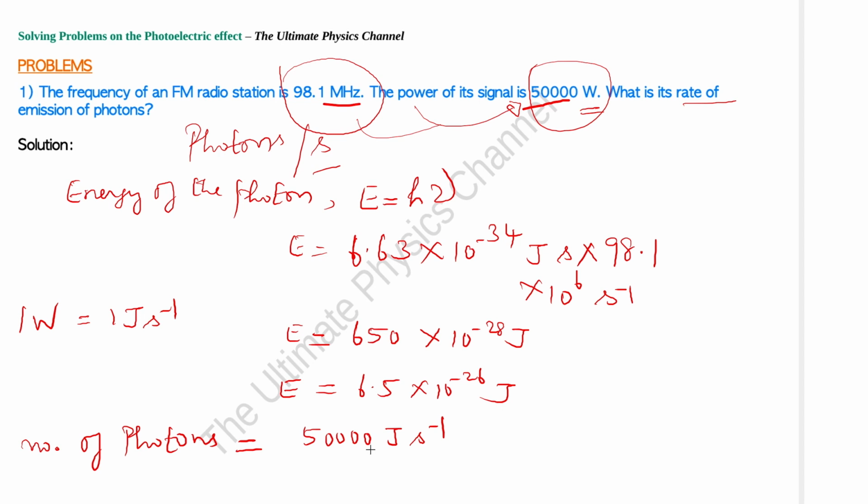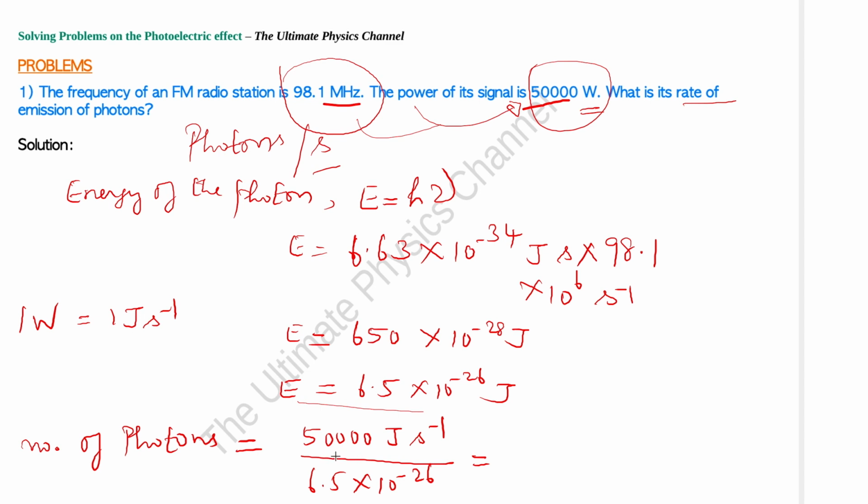So we have 50,000 watts, so 50,000 joules per second over the energy of each photon, that is, we have calculated here as 6.5 times 10 power minus 26. So this 10 power minus 26 goes to the numerator as 10 power 26.